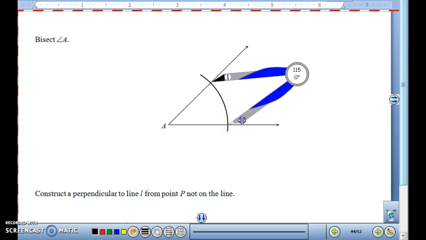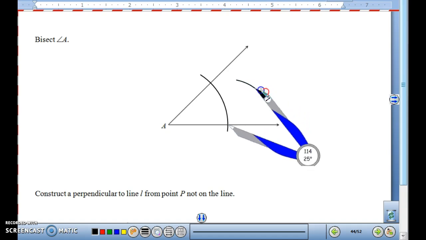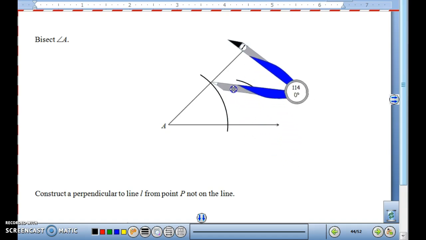So leave the point of your compass on one point, but move the pencil out to the rest of it without changing the width. This was at 114 right there. So my width is still the same. Make sure your point is right on there and your width is still the same. Then you draw a little arc. There's your little arc. Then you move your compass to the other point and do exactly the same thing.